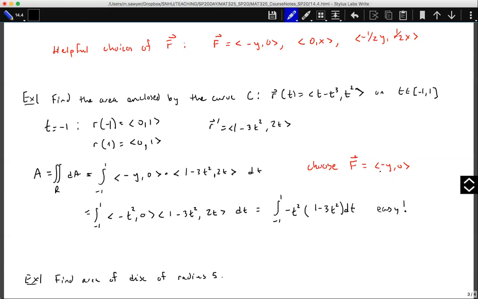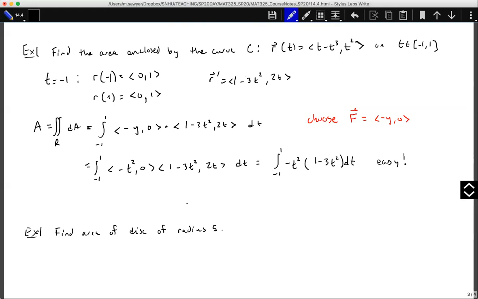So this double integral is, rather the single integral is easy. So we see that this is the integral from -1 to 1 of -t squared plus 3t to the 4th, multiplying in the t squared, dt. So this evaluates to -1/3 t cubed plus 3/5 t to the 5th, evaluated from -1 to 1.